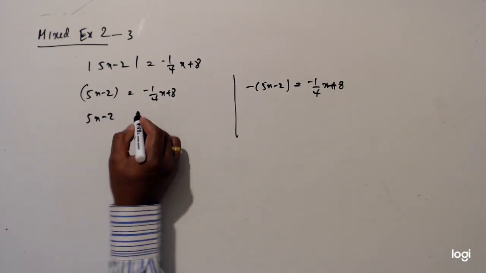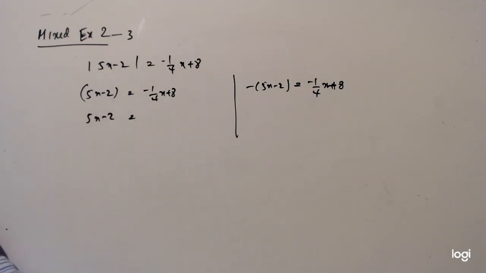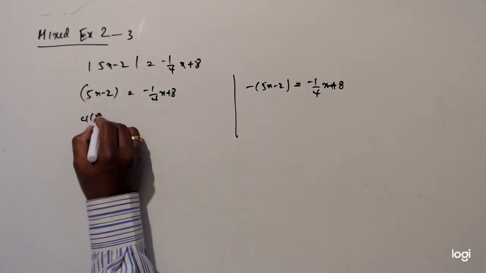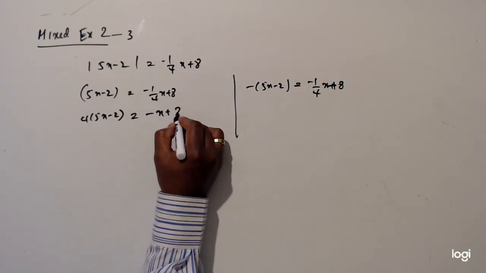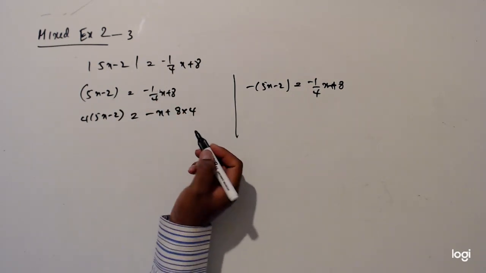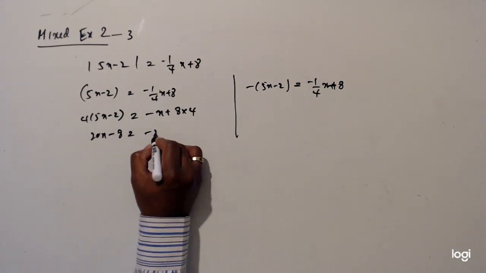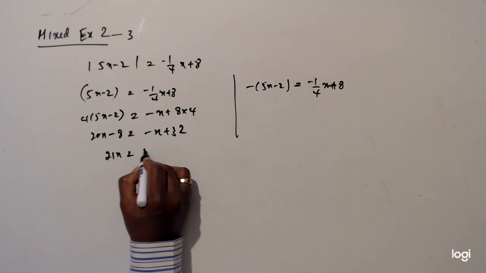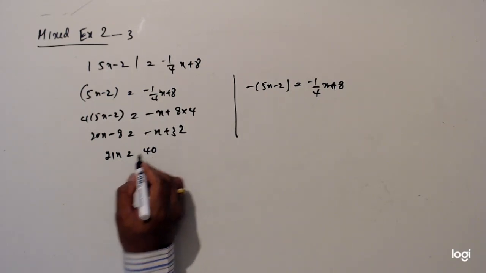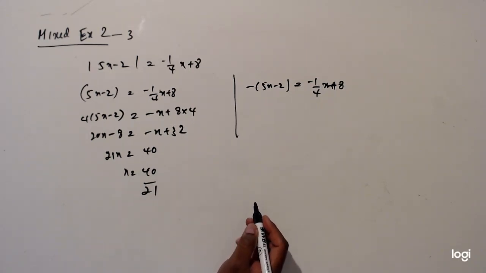So 5x minus 2, I will multiply by 4. 4 and 4 cancel out. 20x minus 8 equal minus x plus 32. So 21x equal 40. So x equal 40 over 21.